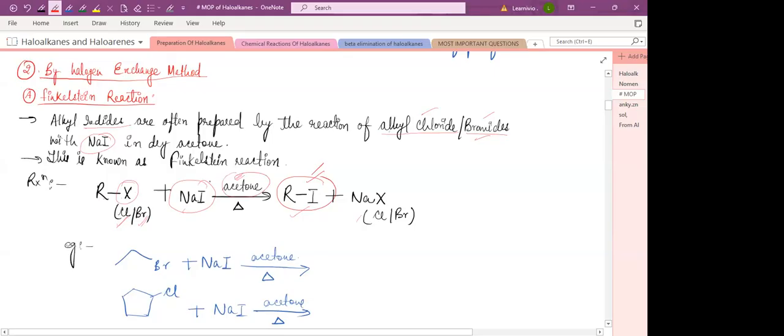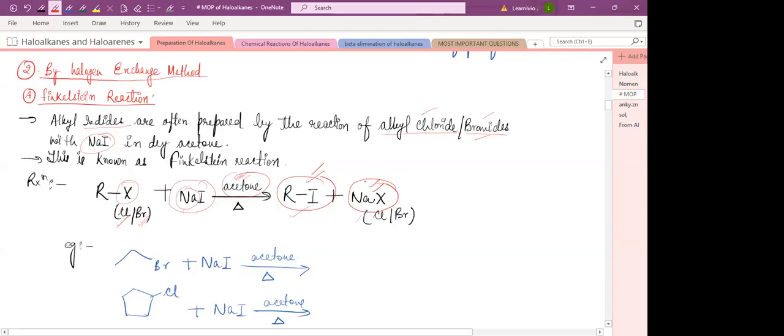Acetone makes the reaction forward favorable by precipitating this NaX, so that the reaction is not reversible.